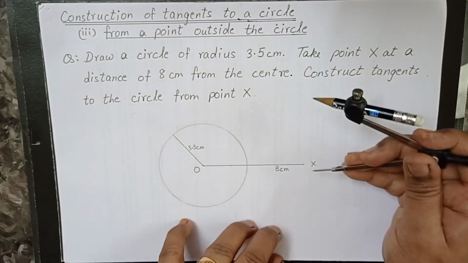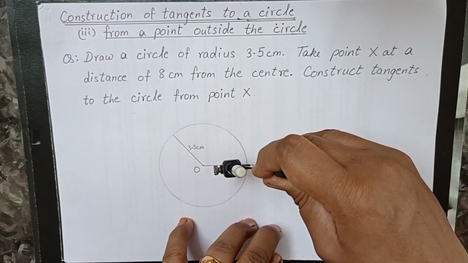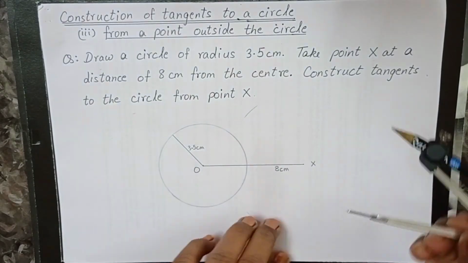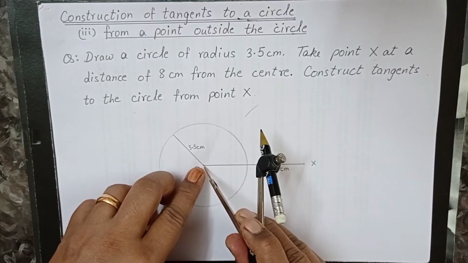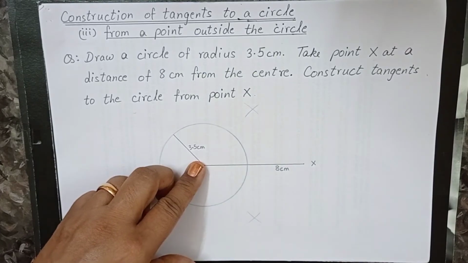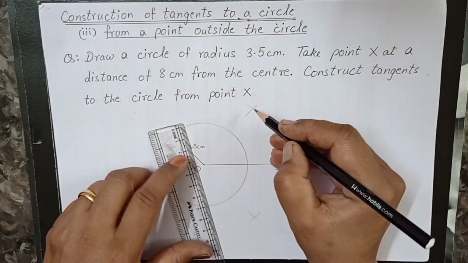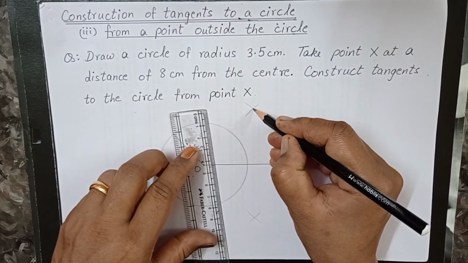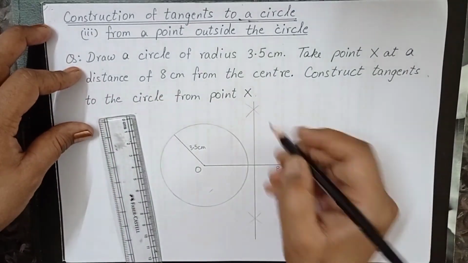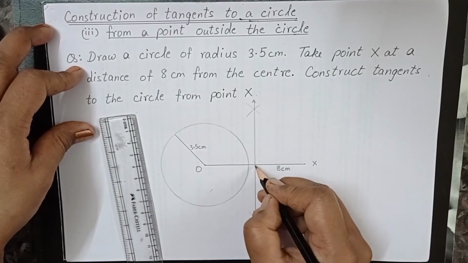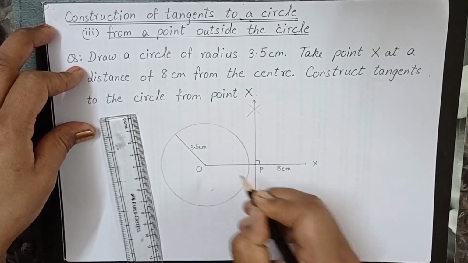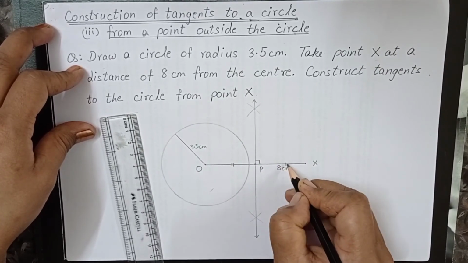So let us take more than half of OX and make a cut above and below. Without changing, from point O also make a cut above and below. So join these two cuts and you will get the midpoint of this segment OX. So this is, say, point P. This is perpendicular and it's a bisector.